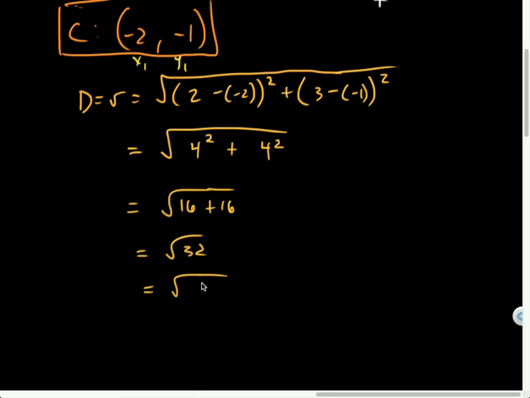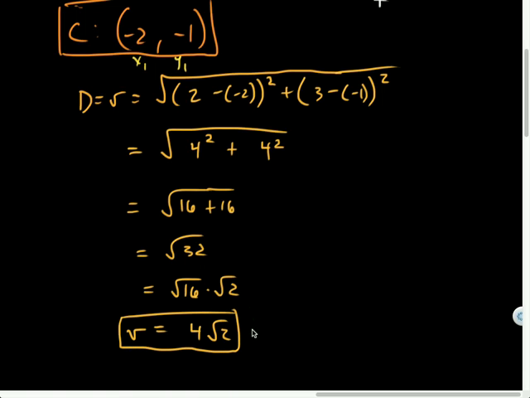And I can break that down into the square root of 16 times the square root of 2, or 4 square roots of 2, if you want a reduced radical version of it. So is that the answer? Well, that's the radius. The square root of 32, or 4 square roots of 2, if you estimate that in a calculator, is 5.66.